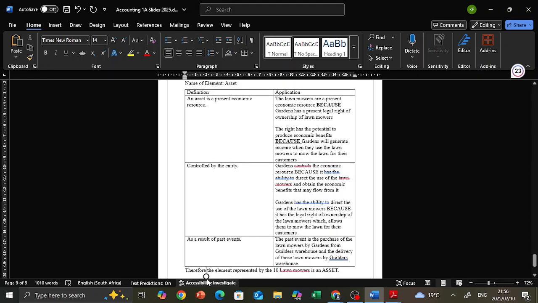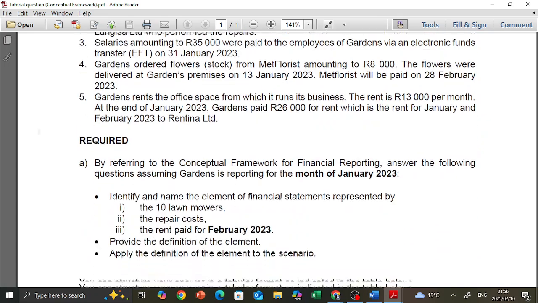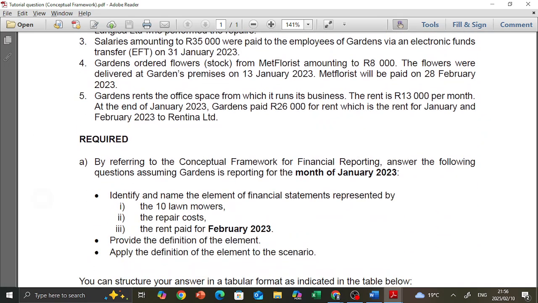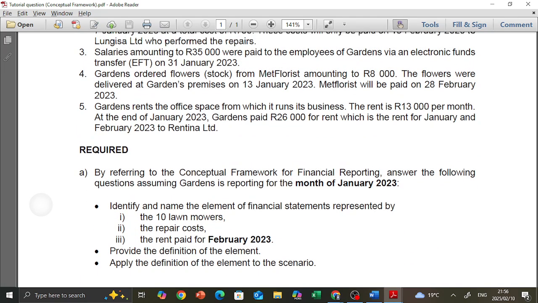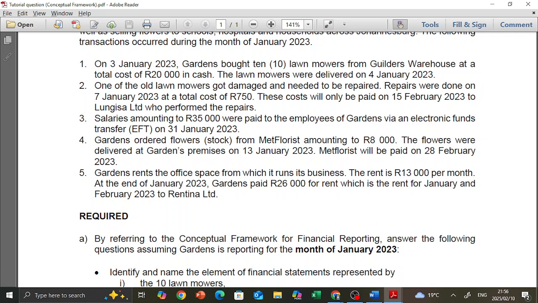So, guys, any questions? Tomorrow we're going to go into the repair costs and the rent paid for February 2023. But for the lawn mowers part, we ate. On 3 January, okay, hands up. Is there any hand up?